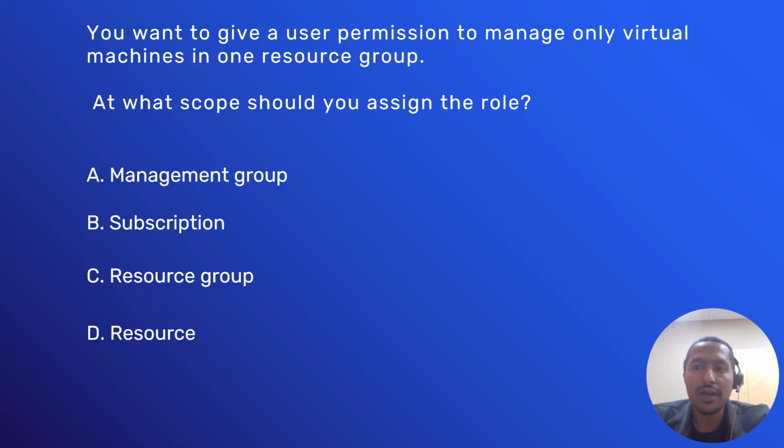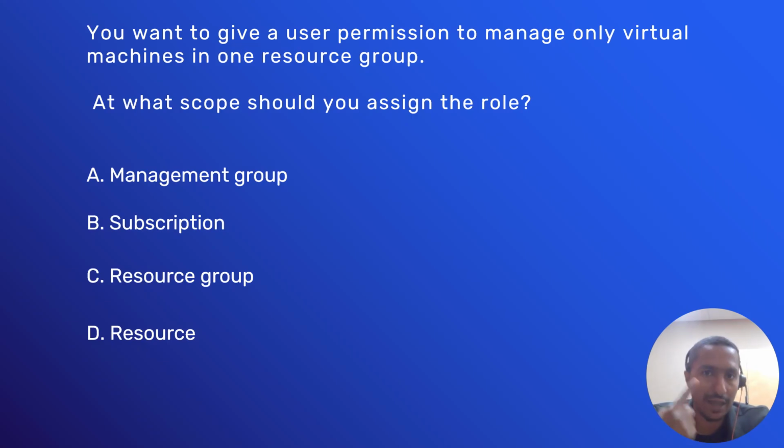All right, let's break down this question step by step. You want to give a user permission to manage only VMs in one resource group. The key phrase here is only virtual machines in one resource group. This tells us two important things.